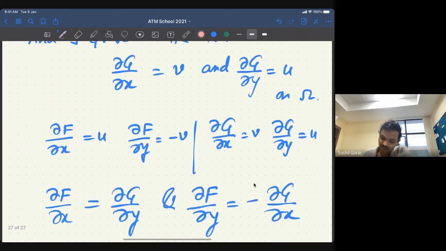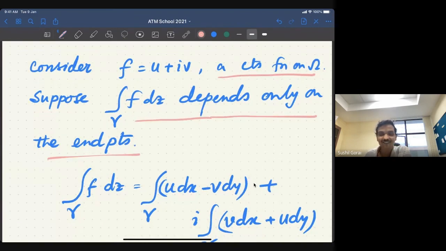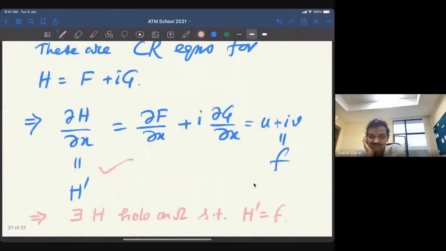What did we assume? Assume F to be just continuous. But what else? The integral depends only on the endpoints. So that implies somehow holomorphicity. Isn't this very strong? Yeah.